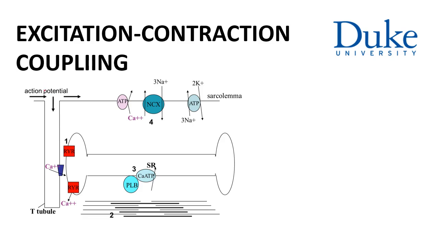So this is how it occurs then. The action potential sweeps along the plasma membrane and down the T-tubule, and that's what's diagrammed here. As it comes down the T-tubule, it will open a voltage-gated calcium channel, and this is the dihydropyridine channel.